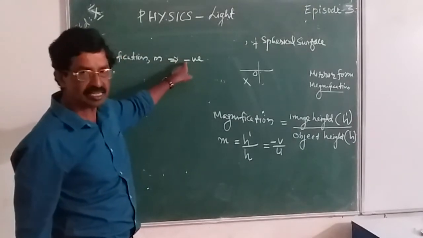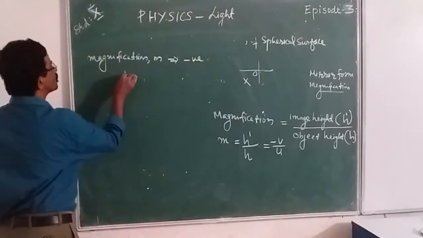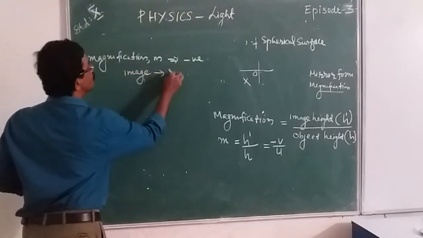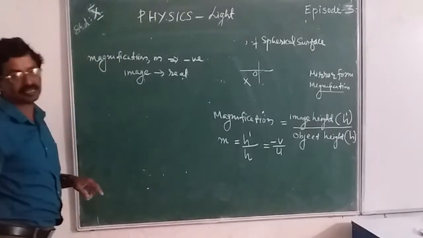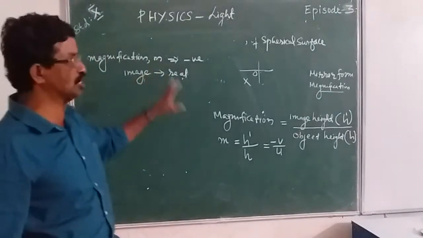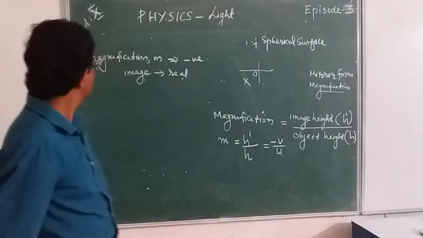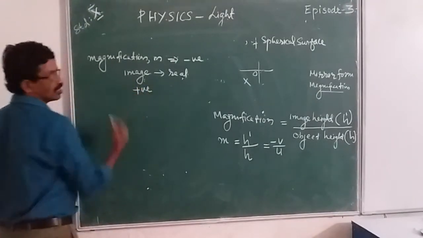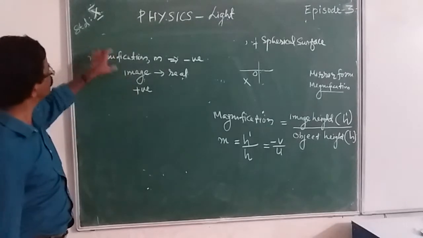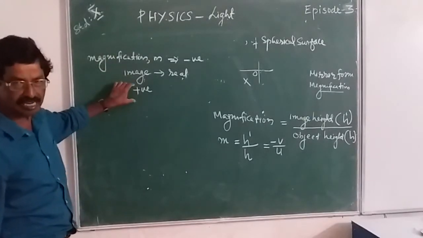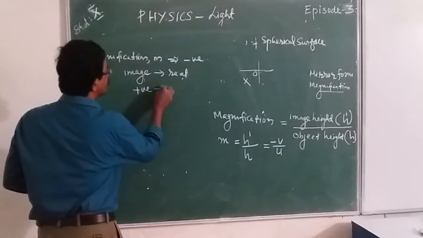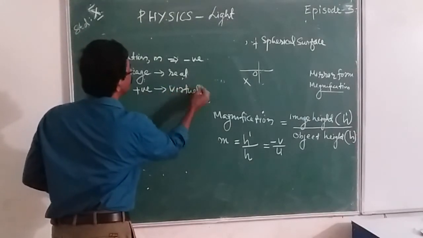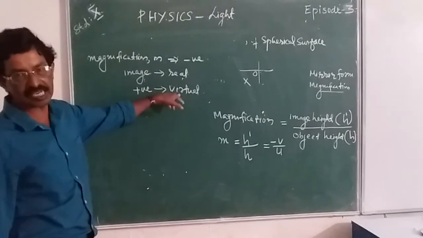It means the image we got is a real one, that means the image we get on the screen. If the magnification we got is positive, what does it mean? It means the image we got is virtual, that means we cannot get it on a screen.